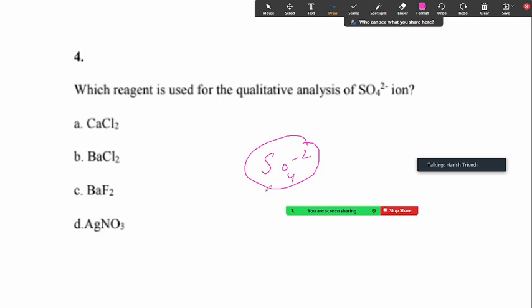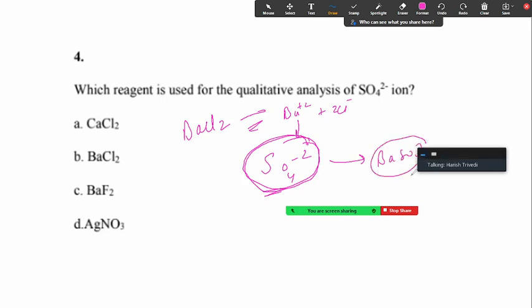How can we analyze? We need to make a precipitate. How? We will add barium chloride. Barium chloride will dissociate into barium ion plus chloride ion. This barium ion will react with the sulfate ion already present in solution and make barium sulfate. This barium sulfate will be a precipitate.